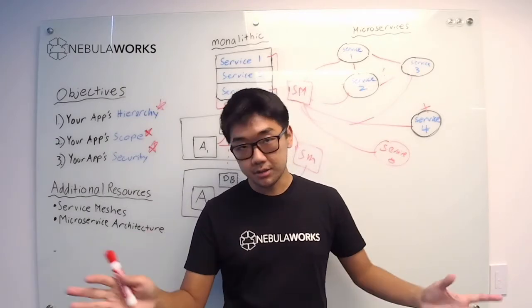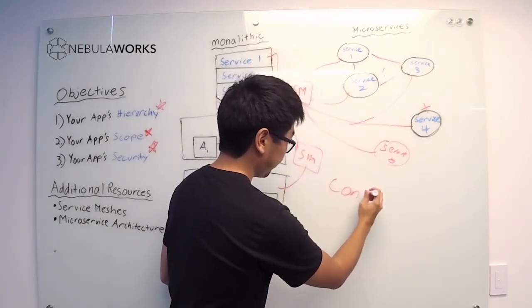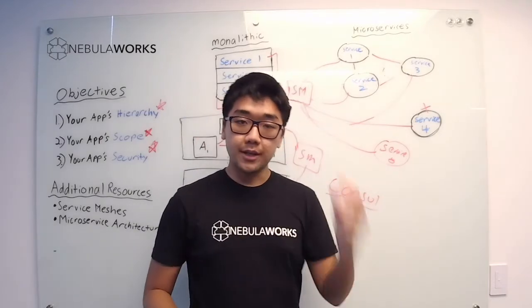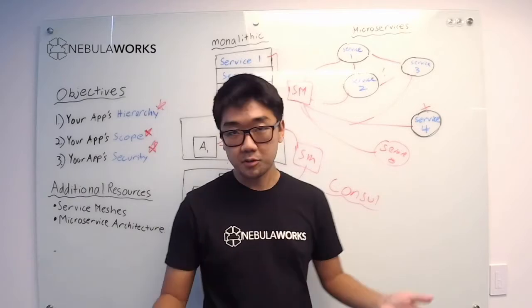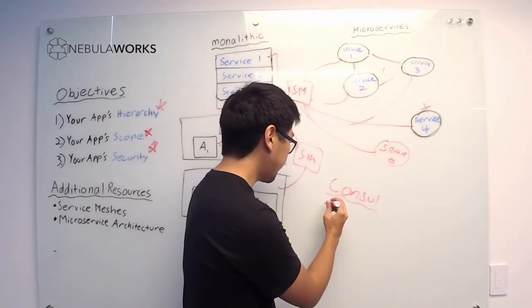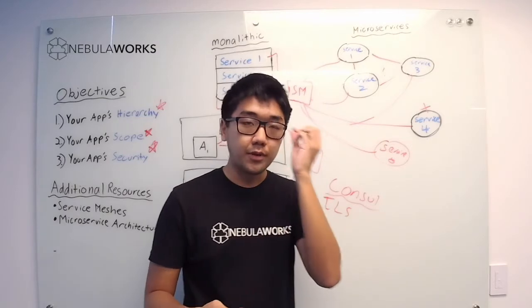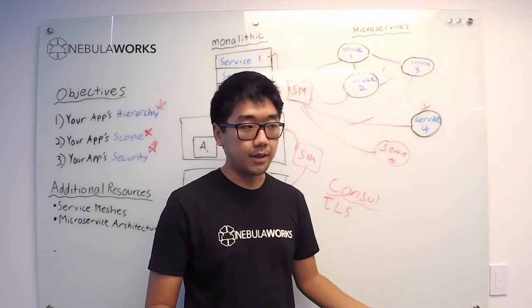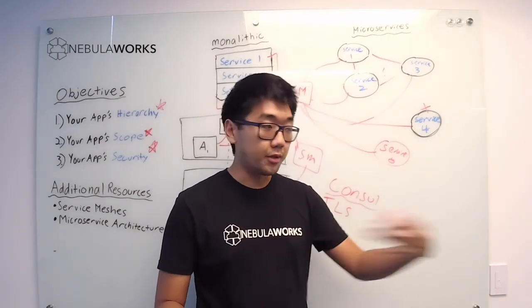So for instance, Consul, a HashiCorp tool, uses two main things when it comes to securing its communication with other services: mutual TLS. TLS, for those that are unfamiliar with it, is short for transport layer security, and it acts as a handshake protocol between two entities.